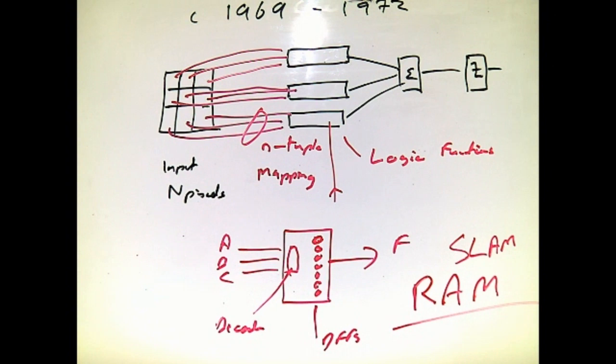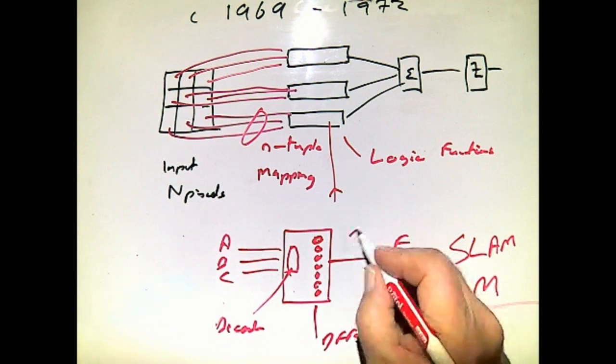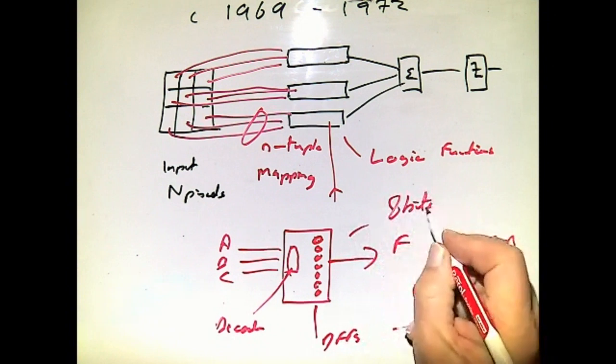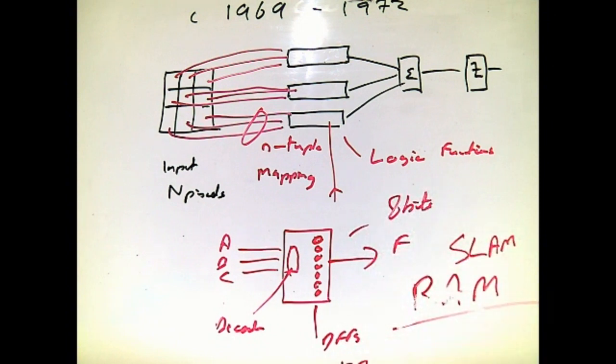128 gigabytes. So this is going to be 8 bits. And you have 128 gigabytes. How many bits in 128 gigabytes?